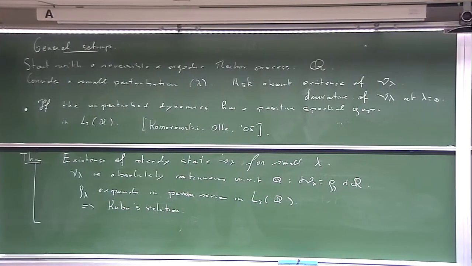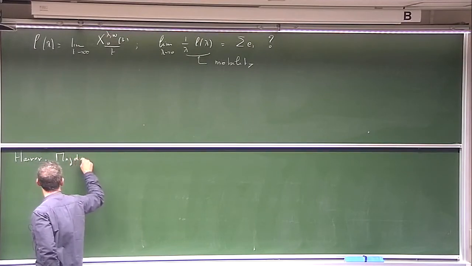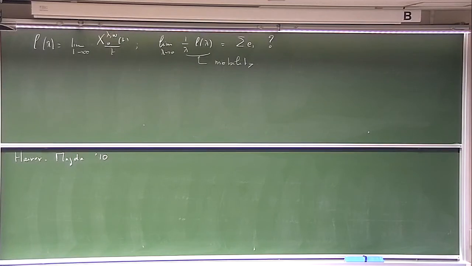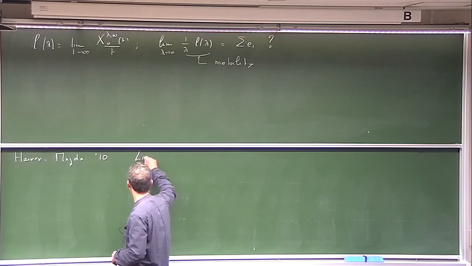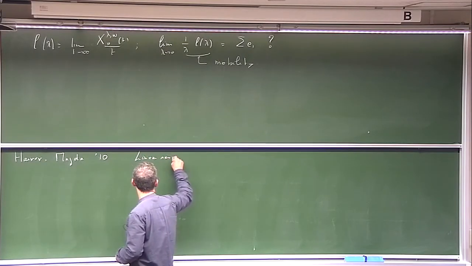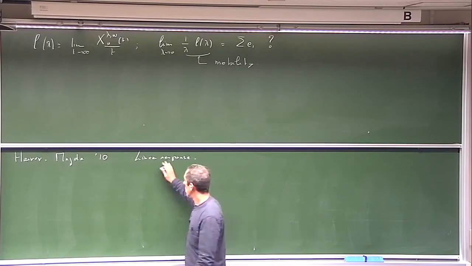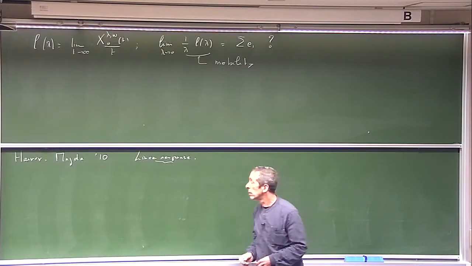It's a paper by Martin Hairer and Andrew Majda, I think from 2010. It's called something like a general framework for linear response theory. So all these things around Kubo's relation and so on are often called linear response theory, in particular in dynamical systems.